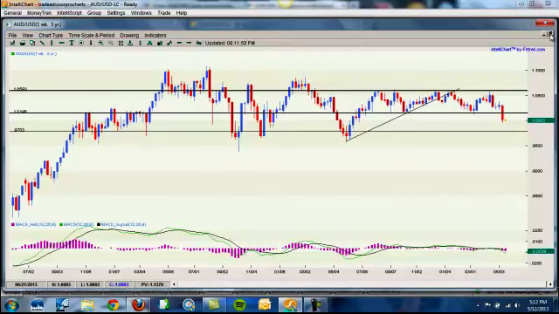The euro wasn't too significant. However, when was this here? This would have been on the 9th. So Thursday. Since Thursday, this pair has dropped 200 pips. So obviously, it is being affected. The pound against US dollar, same type of thing.